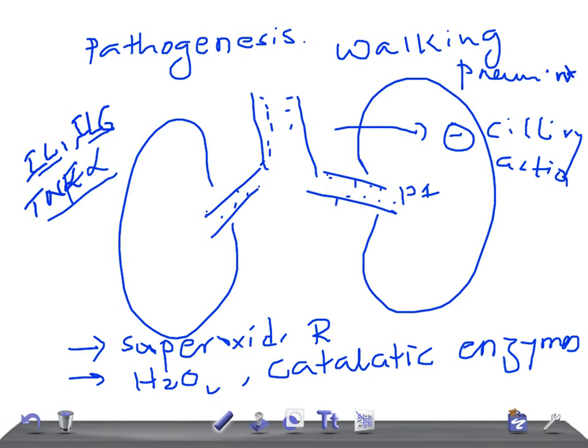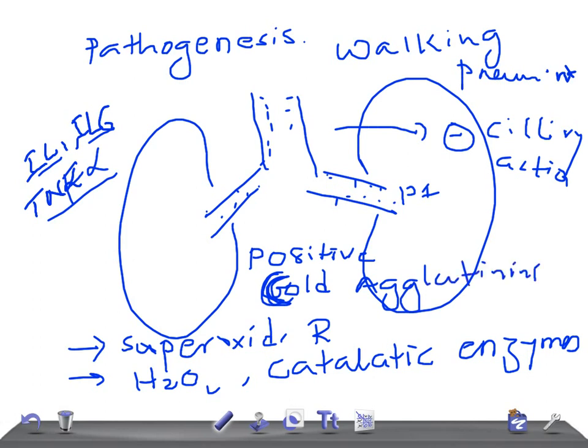Now ELISA and immunofluorescence are sensitive and specific, and the important point here is a positive cold agglutinin test. Not gold, cold, as in chill. Cold agglutinins are autoantibodies to red blood cells, and this is not specific. Positive cold agglutinin test you have to remember for Mycoplasma pneumoniae.